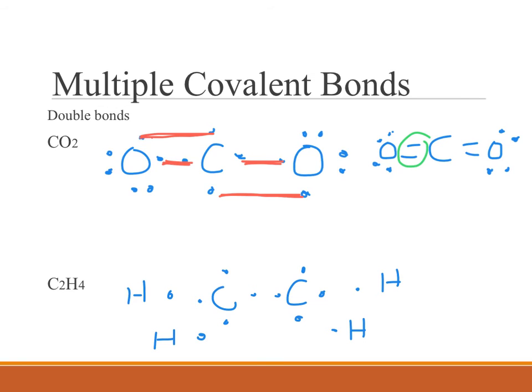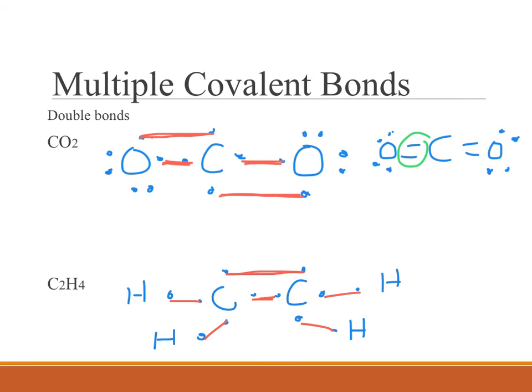I'm deliberately lining these up so that you can see that we can make a bond between a carbon and a hydrogen in each one of these places, and that leaves each individual carbon with 2 unbonded electrons, and so they can form a double bond to hold those carbons together.